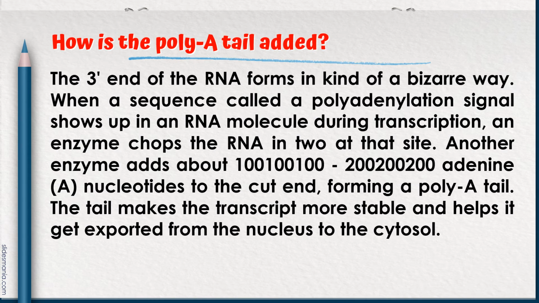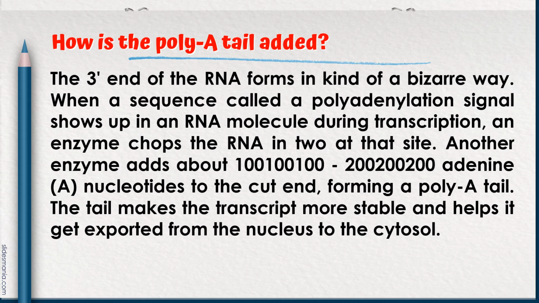How is the poly A tail added? The 3' end of the RNA forms in kind of a bizarre way. When a sequence called a polyadenylation signal shows up in an RNA molecule during transcription, an enzyme chops the RNA in two at that site.